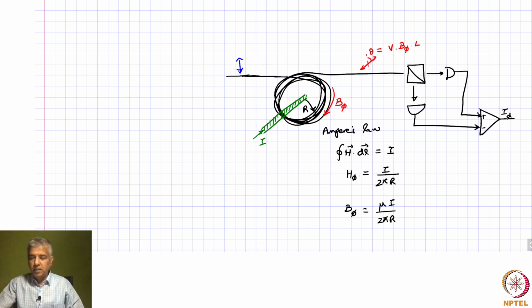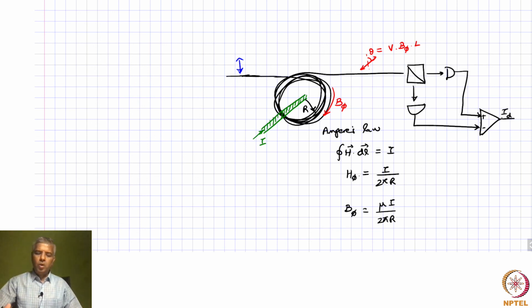Essentially, depending upon the current you have a magnetic field, and that magnetic field rotates this polarization, and that changes the power distribution between these two detectors. You can measure that power change as a photocurrent, and then maybe put a transimpedance stage beyond this to convert it to a voltage, and that's how you establish a current sensor.